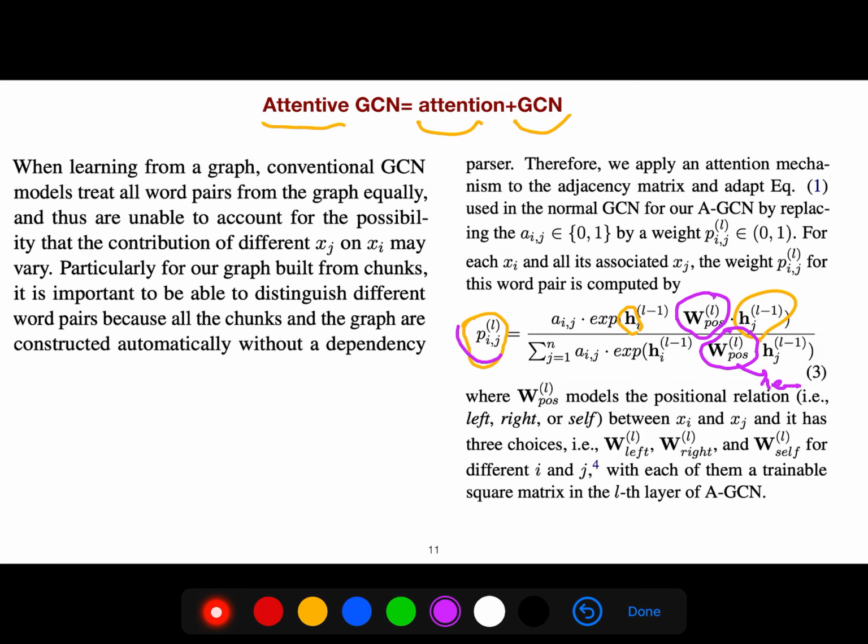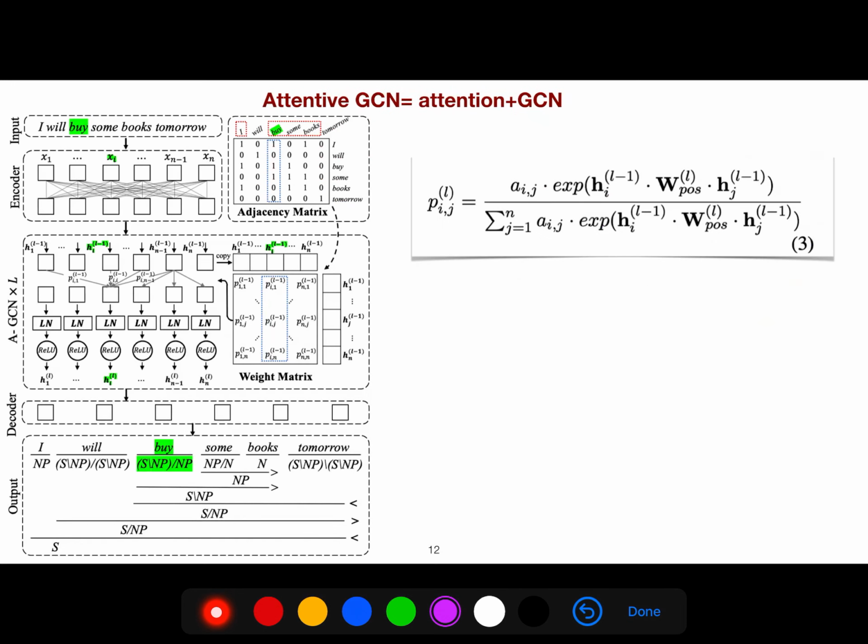That's why we understand what is PIJ, what is this probability. So from layer L-1, you go to layer L. What is this PIJ? That is the probability that is written here, but all of them are for the previous layer.